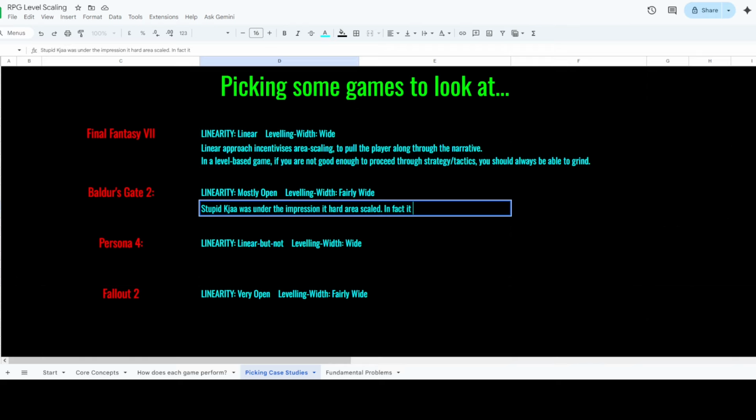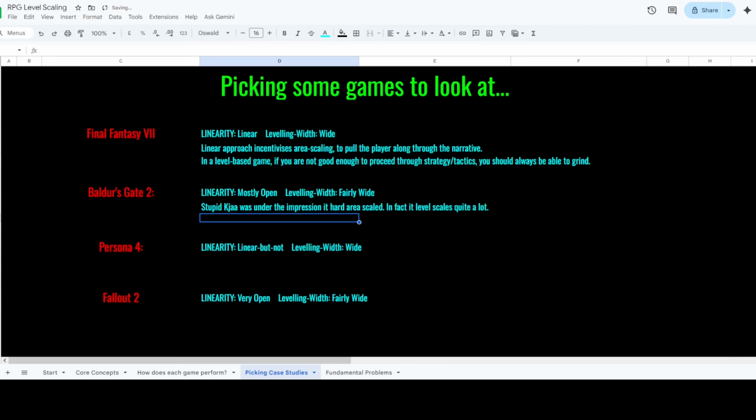In fact, it level scales quite a lot. What it means in Baldur's Gate 2 is that a lot of the enemies are localized to the area that they're in.